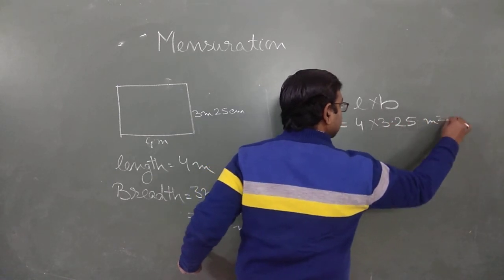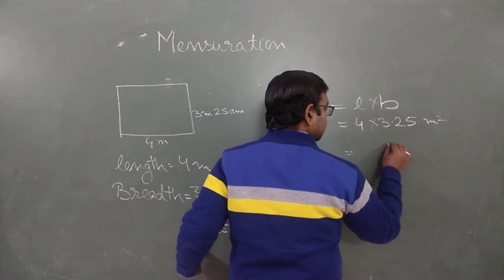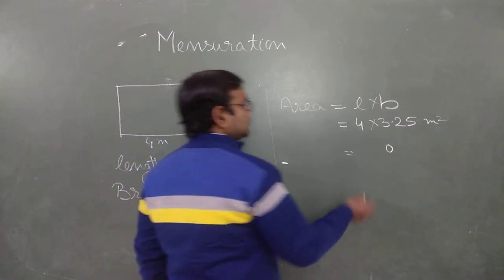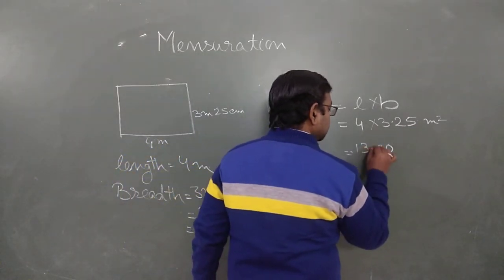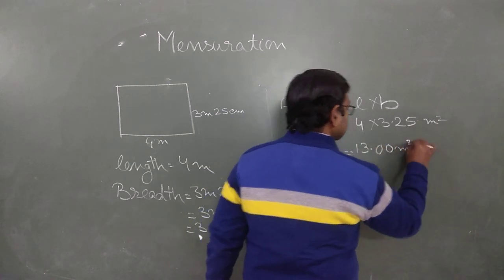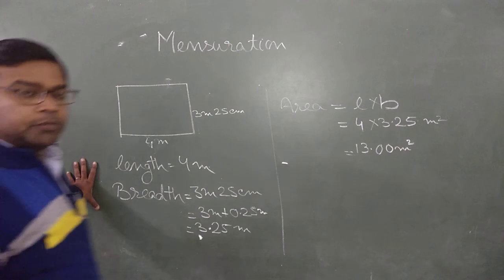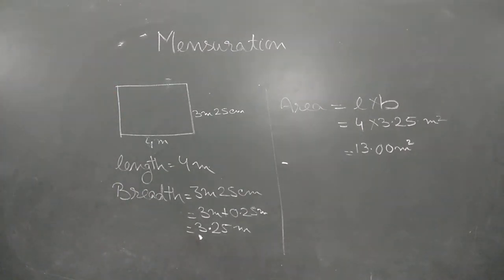It's meter square. So 4 5s are 20, 2 carry, 4 2s are 8, 10, 1 carry, 4 3s are 12, 12 plus 1 is 13. This is decimal, 13 meter square. This is the area of carpet required to cover the floor. Hope now you are able to understand. Move to the next question.